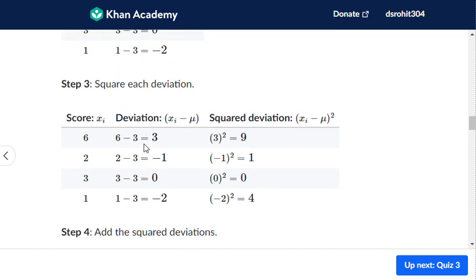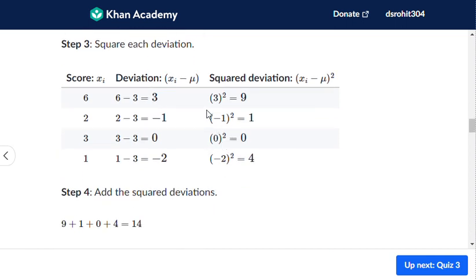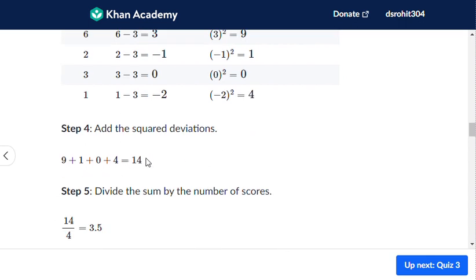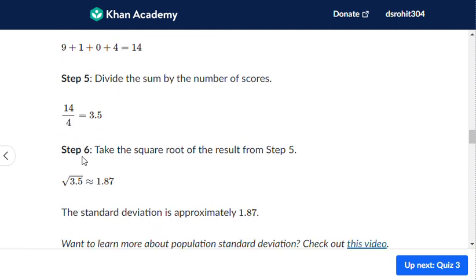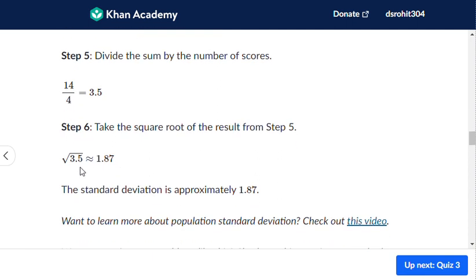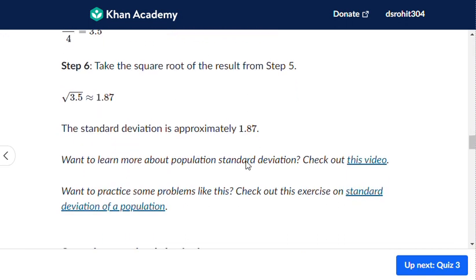Then we square them: 3 squared, minus 1 squared, 0 squared, and so on, and add them all. Then we divide by n, and take the square root, and this is 1.8.